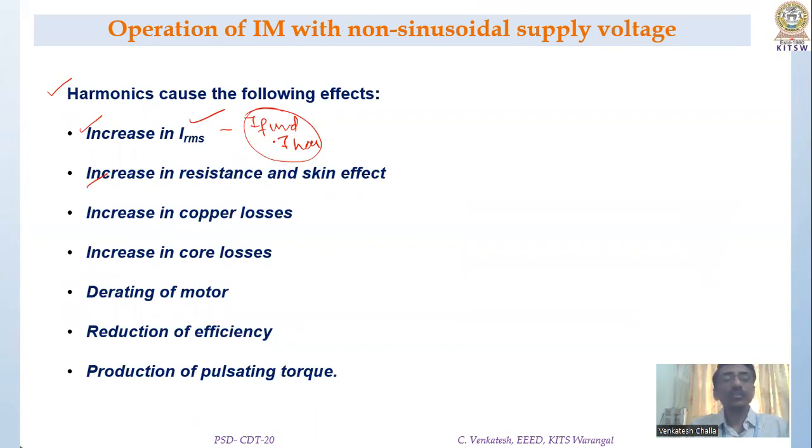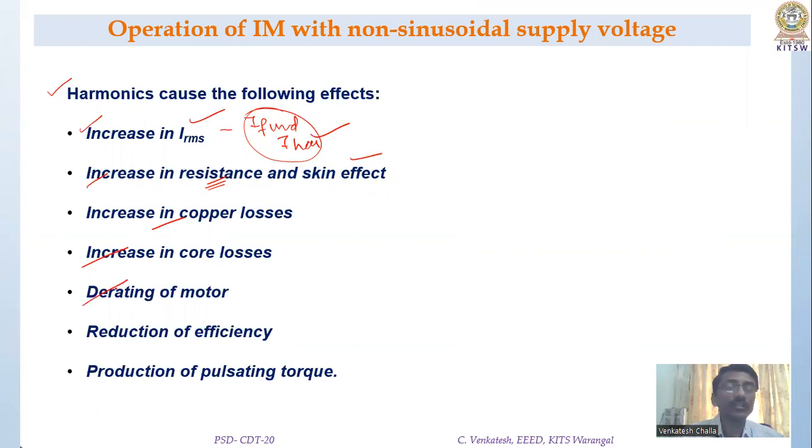Because of the increase in the RMS value of current, the stator and rotor windings get heated up, and hence the rotor and stator resistance will increase, and that will cause a skin effect. So there is an increase in copper losses because I has increased and R has increased. There is also an increase in core loss because of flux produced by the harmonic currents.